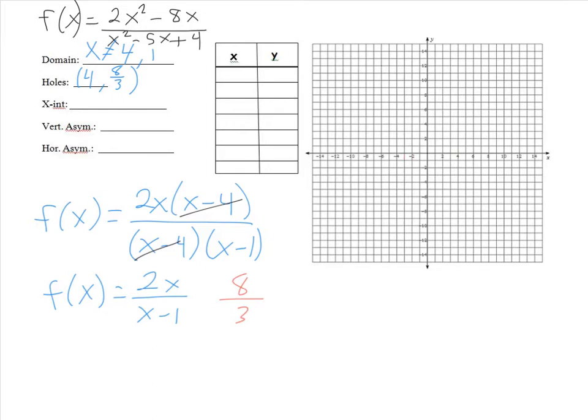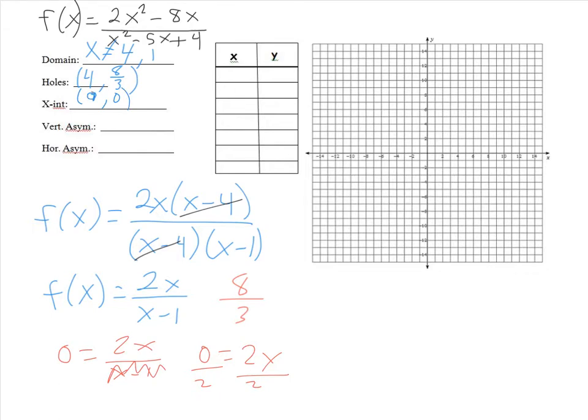So if I say 0 equals 2x over x minus 1, I really just need to worry about the numerator being 0 because 0 divided by anything is 0. In this case, I can just kind of ignore this guy down here, 0 equals 2x. If I divide by 2, I'm going to get x is 0. So my x-intercept is at 0, 0 for this one.